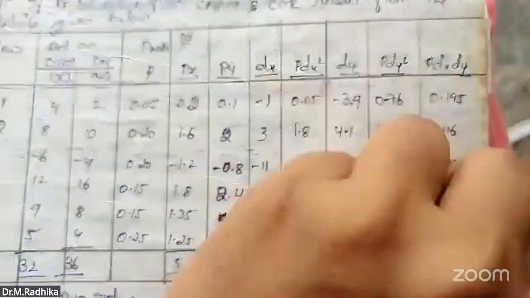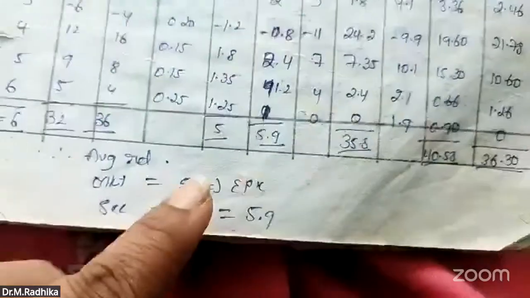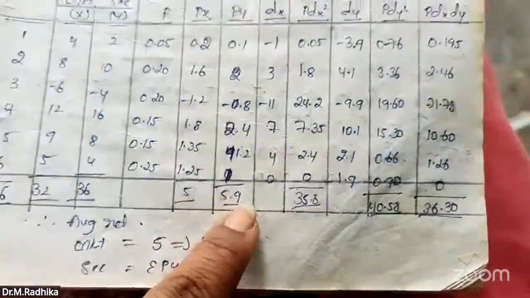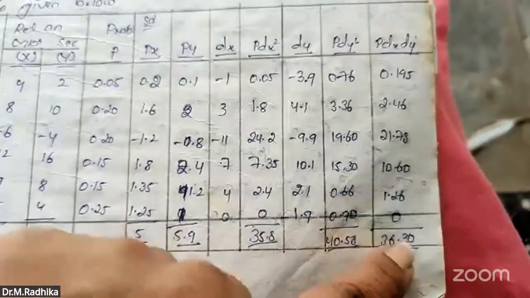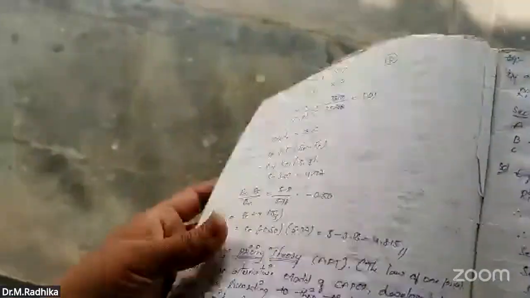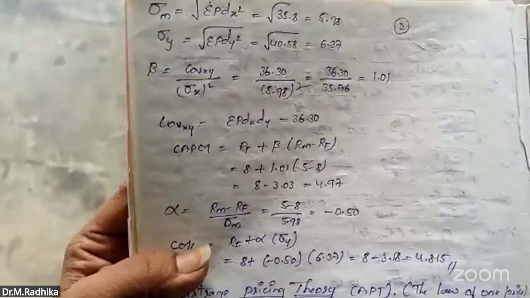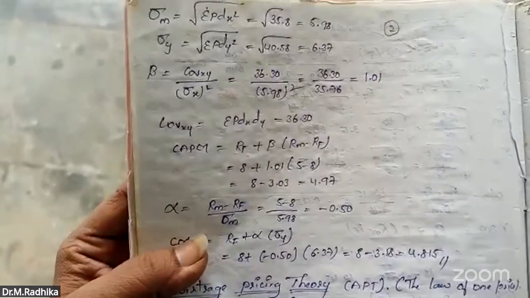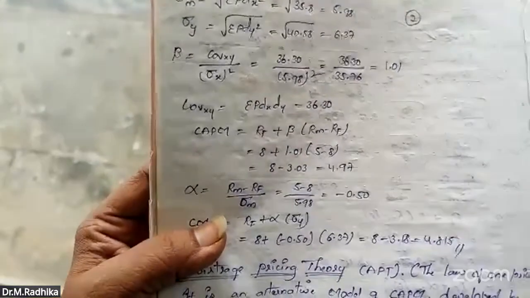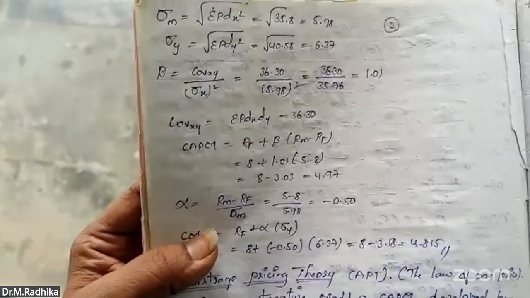Then after evaluating the values, these are the summations: 5, 3.59, 40.58, 36.30. Simply we are applying them in the formula. Risk on market, summation P dx square under root, we got 5.98. Risk on Y, summation P dy square under root, 6.37.